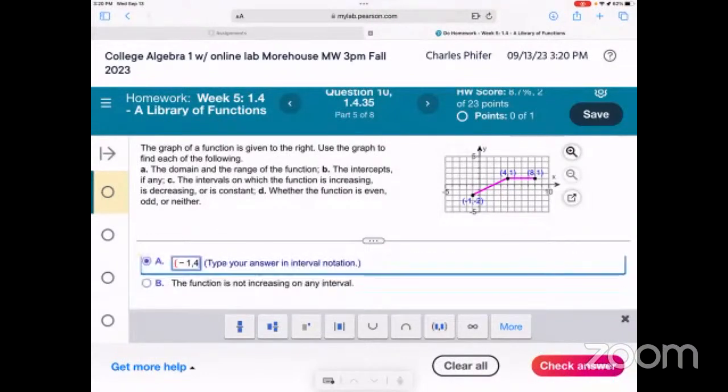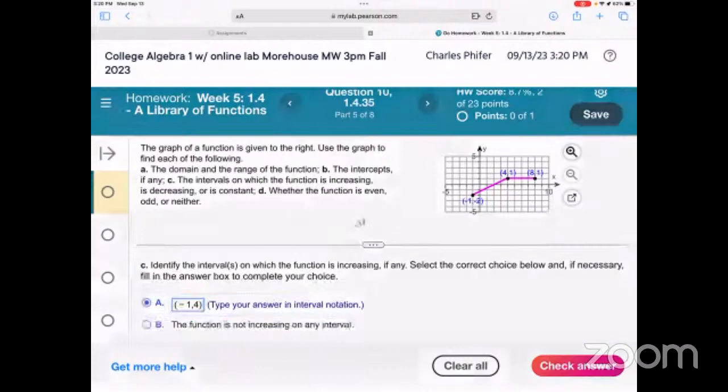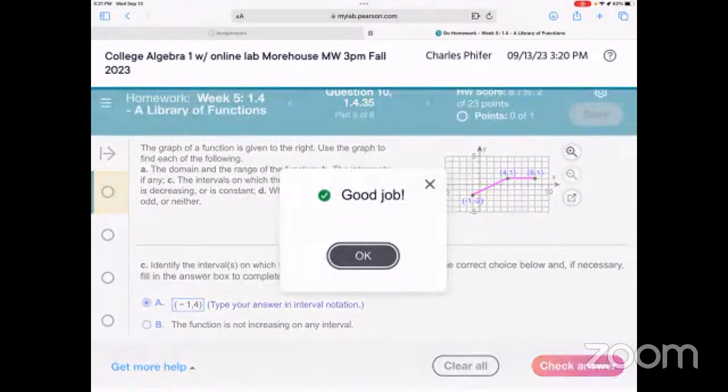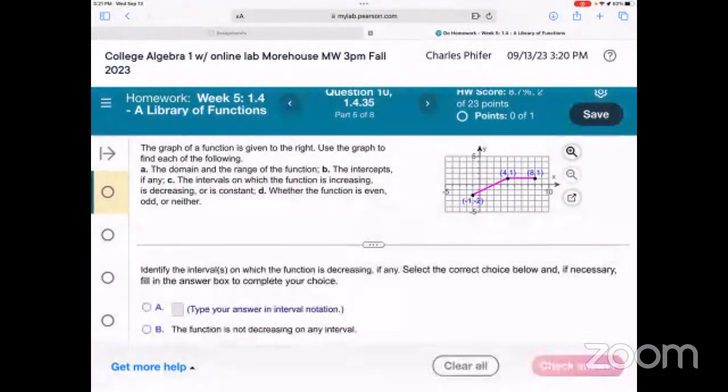Whenever we're doing increasing, decreasing, or constant, it should be parentheses for everything. It's not decreasing anywhere, so we're going to go with B.